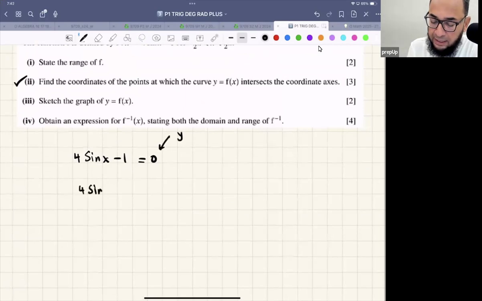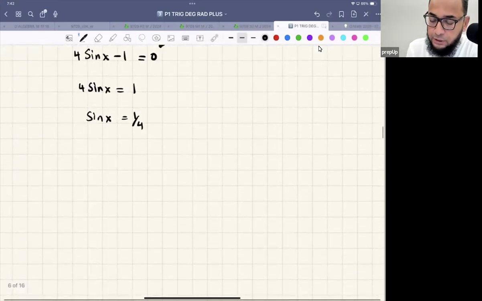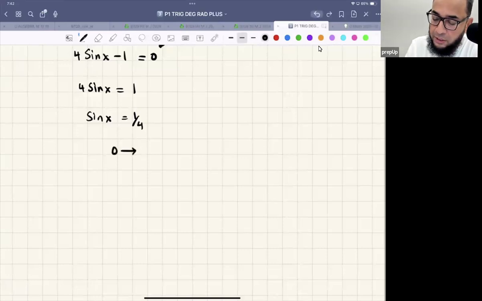4 sine x equals 1. Sine x equals 1/4. And then it's about the quadrants. So 0 to 90, 0 to pi by 2, that is the first quadrant. And the fourth quadrant is -pi by 2 to 0.